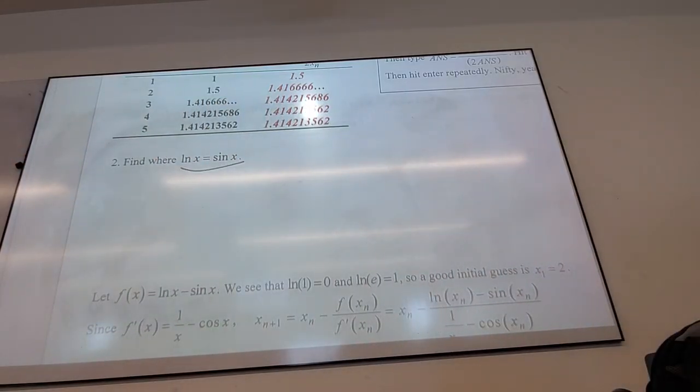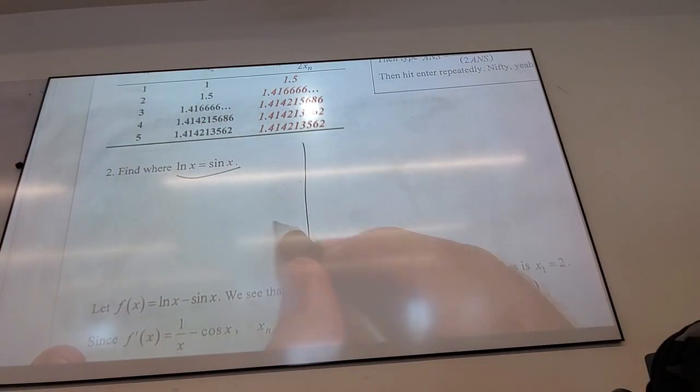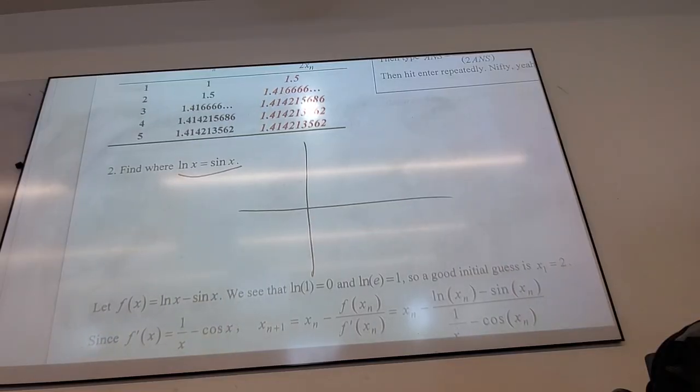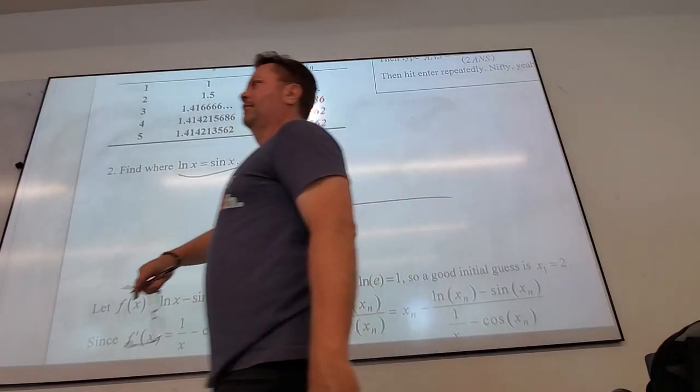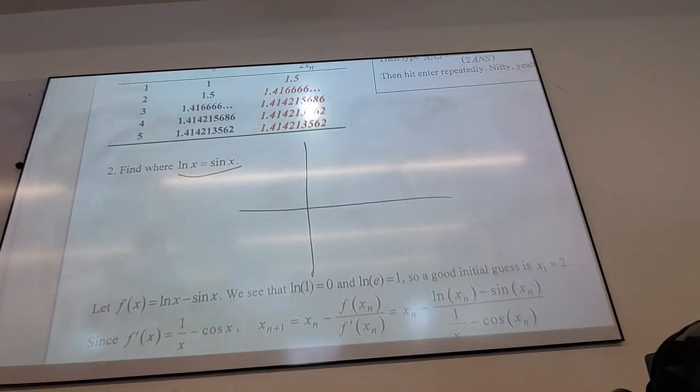How do I get my first guess? Well, this is where knowing what things look like comes in handy. What does a natural log look like? Near infinity, it grows very slowly. Be a little more specific though.